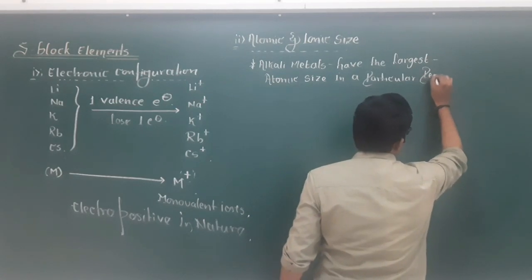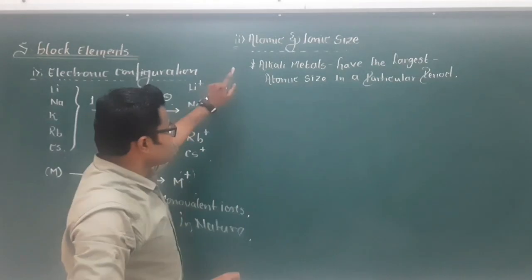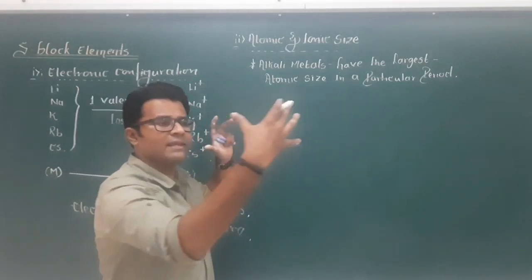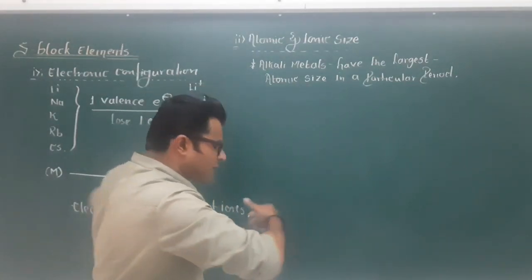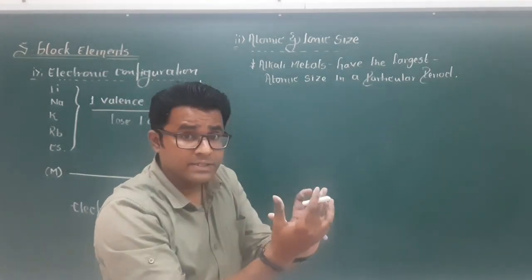In that period, these alkali metals have the largest size, and as we travel from left to right, the size generally goes on decreasing.